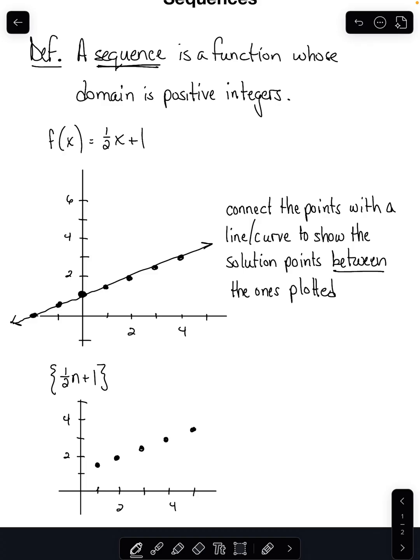In the case of a sequence, the points are not connected, and the reason being that if the purpose of connecting them was to show solution points between the ones that were plotted, there are no solution points between the ones that are plotted.